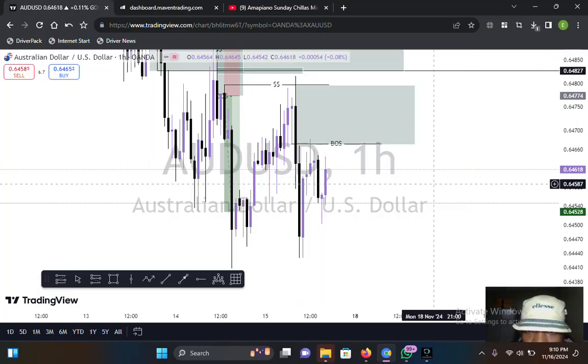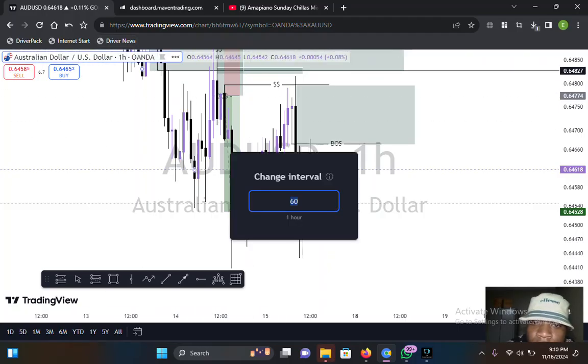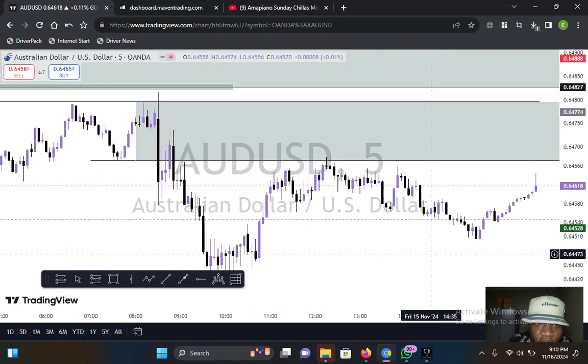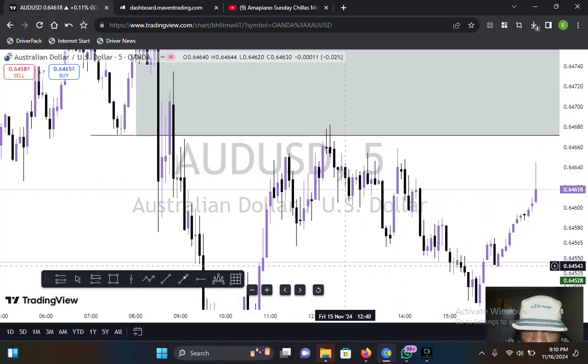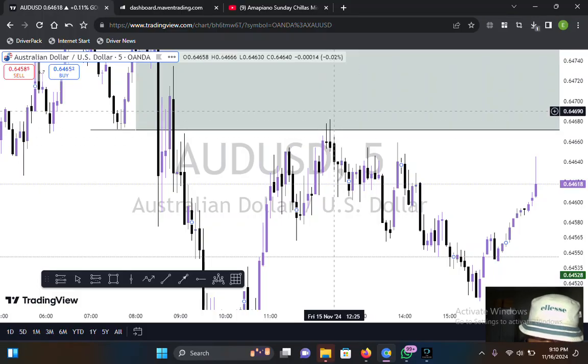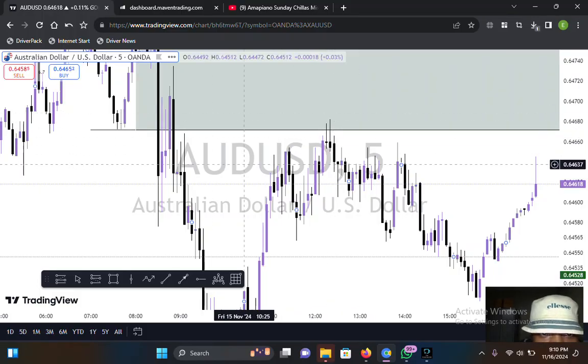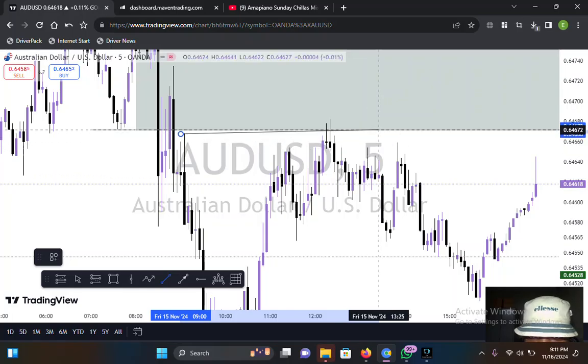So after that again, you have to scale down to the 5 minutes. On the 5 minutes, price came back here to tap your order block, and doing that again, price swept this liquidity here.